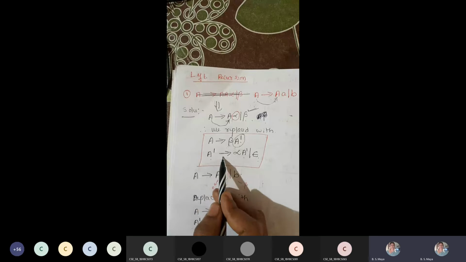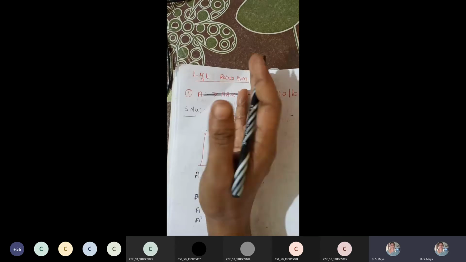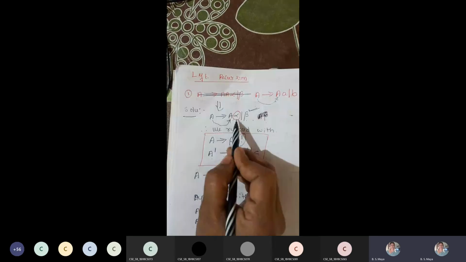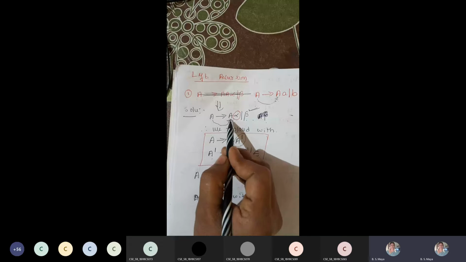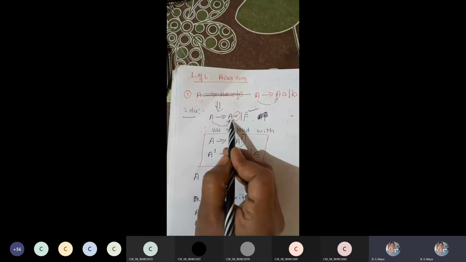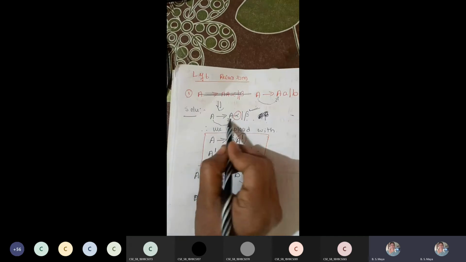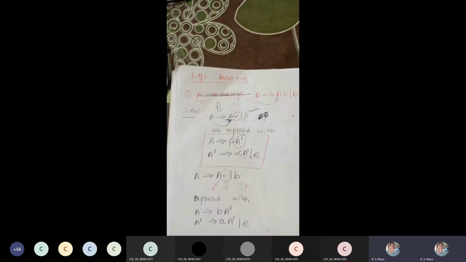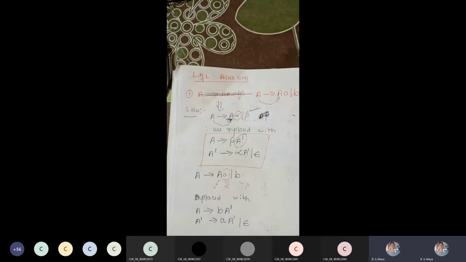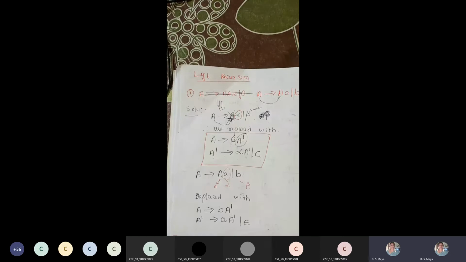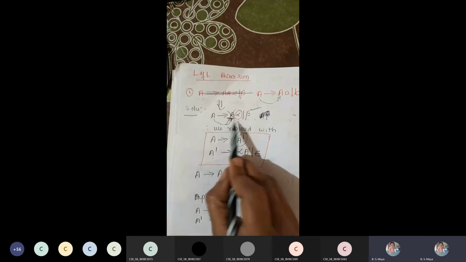A dash derives, see, because of this in this grammar, A and alpha should be there. I don't want to start with A. Then what new non-terminal? Leave the left recursion symbol. Which is the left recursion symbol? A is my left recursion symbol. You leave that. What is the remaining? The rule says you leave the left recursion A and take the remaining symbols, any number of symbols.